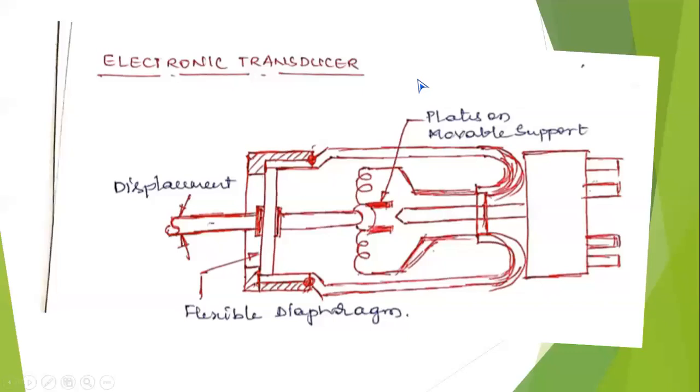We discussed electronic transducers. The electronic transducer is used in measuring the surface roughness of the surface plate. The surface plate is used in mechanical laboratories. In our machine shop and workshop, we have cast iron surface plates.